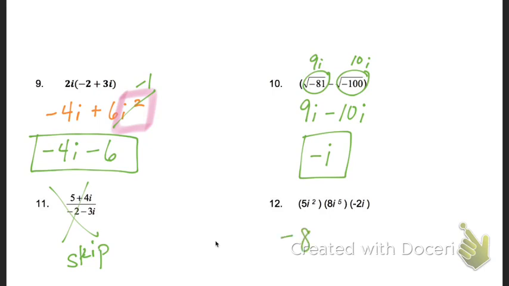Negative. Good. Exponents added together get me i to the 8th. Just looking at it, I already know that that's going to simplify to 1. Good. So it just essentially goes away because I'm multiplying it by 1. So my answer is just negative 80.